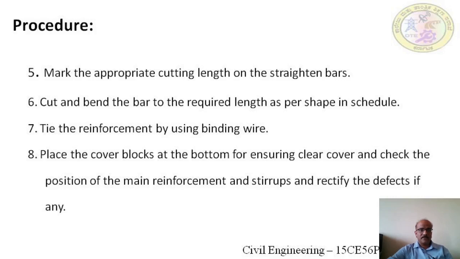We need to straighten the bars first, then mark the cutting length on the straight bars using a chalk piece, then cut and bend to the required length as per schedule, then tie the reinforcement using binding wire. Then in the last step, place the cover blocks at the bottom to ensure clear cover, and check the position of main reinforcement and stirrups carefully and rectify the defects if any.